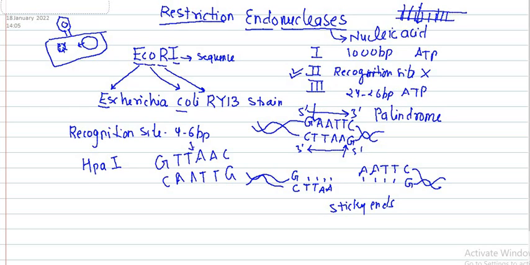It cuts between T and A. So it produces blunt ends, not sticky ends, because every base pair is bonded to each other. To convert blunt into sticky ends, we use adapters and linkers. They are further topics in our syllabus.